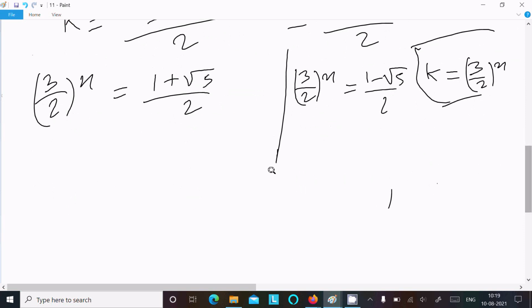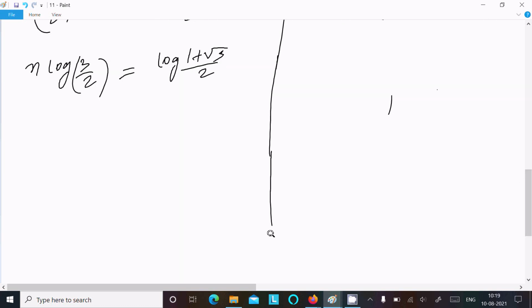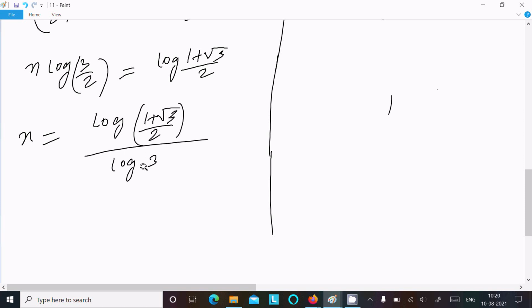Now to remove the power, we can take here x log 3 by 2 and this here log of 1 plus root 5 by 2, or here x equal to log of 1 plus root 5 by 2 and here log 3 by 2.